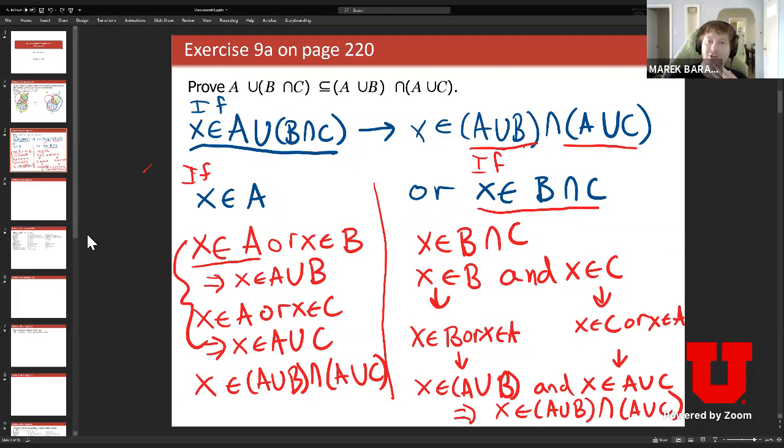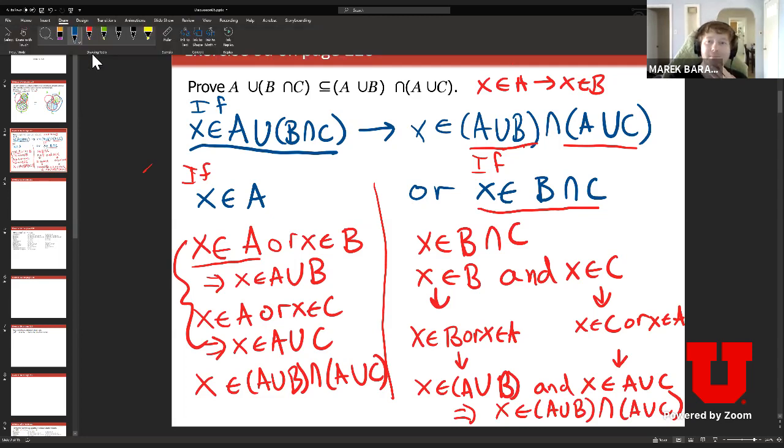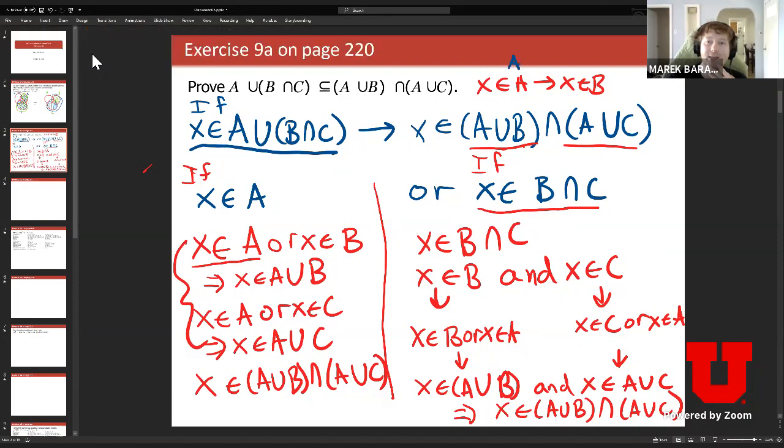Yeah. So you're showing if x is in A, then x is in B. And this shows that A is a subset of B, right? If you want to show that the sets A and B equal each other, you also have to do x is in B implies x is in A. Can you see this?